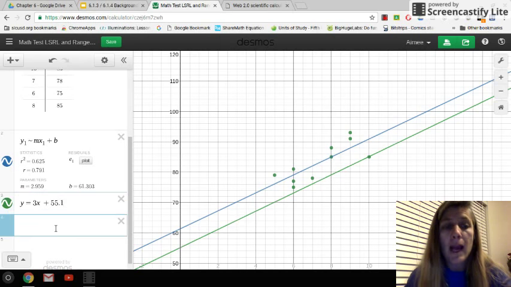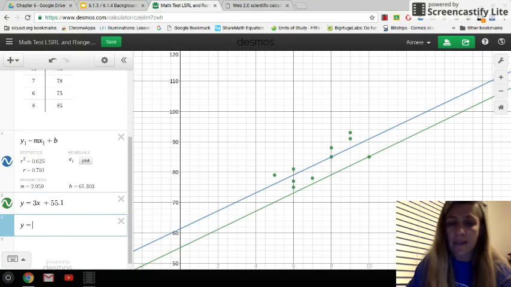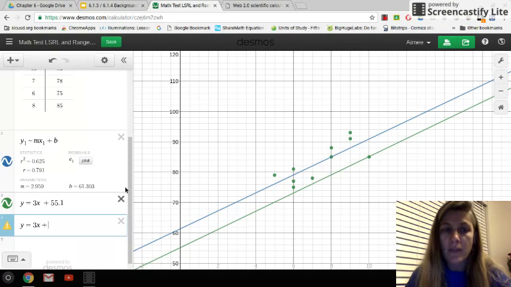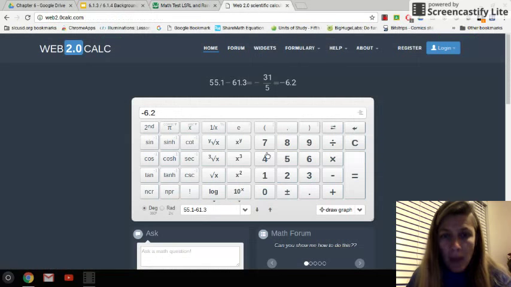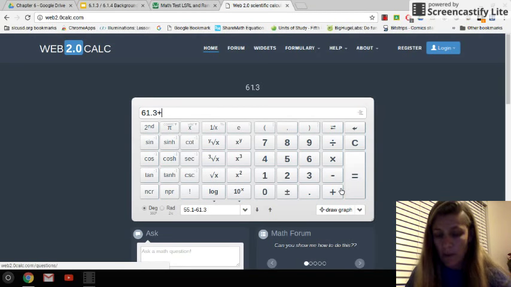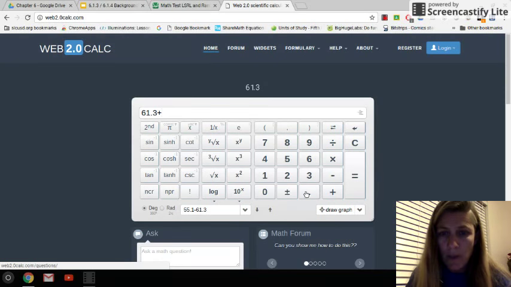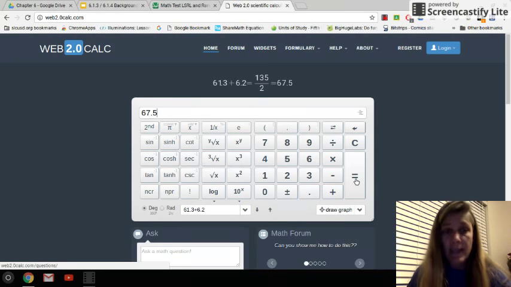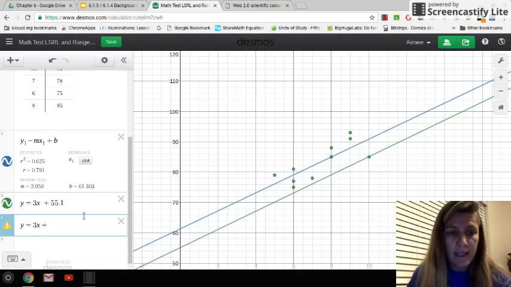So I'm making an upper bound equation that has the same slope because we want them to be parallel, but for my y-intercept, I'm going to take my original y-intercept, 61.3, and I'm going to add to that, because I'm looking for the higher one, my difference between those original lines, and that was 6.2.